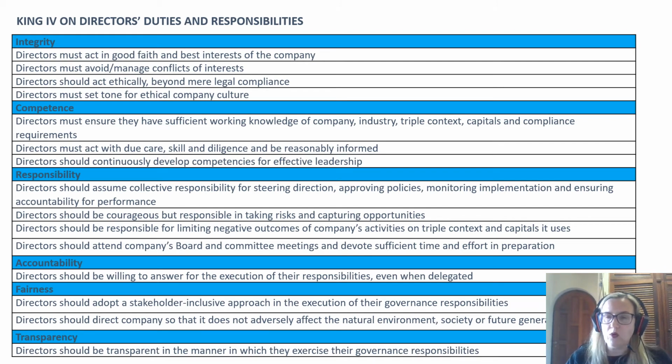King, however, also supplements what is in the Companies Act by talking about the duties of the directors to the company more broadly than might be applied in the Companies Act. So concepts like integrity, competence, responsibility, accountability, fairness, and transparency.